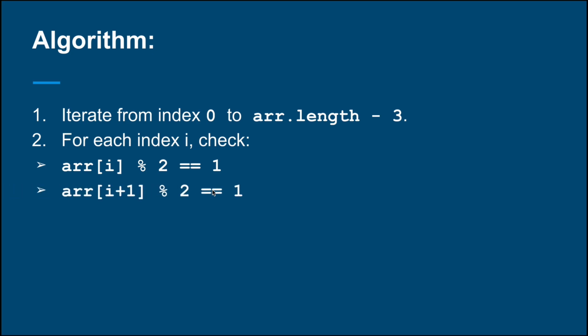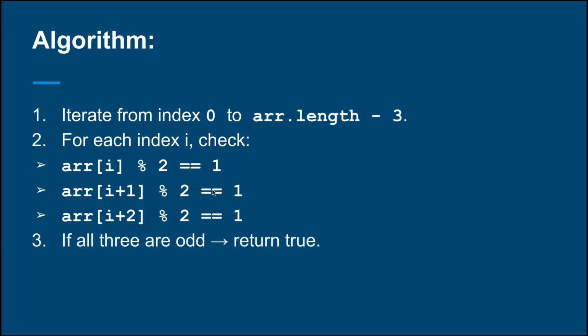Similarly, we'll check the next one and the next one. So we check three consecutive elements like this, and if all three are odd, return true; else if no such triplet is found, return false. Okay, so this algorithm will apply, but we will also talk about the product approach that we mentioned in the intuition.